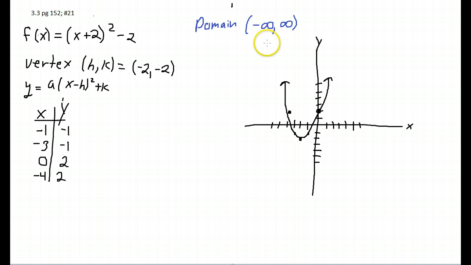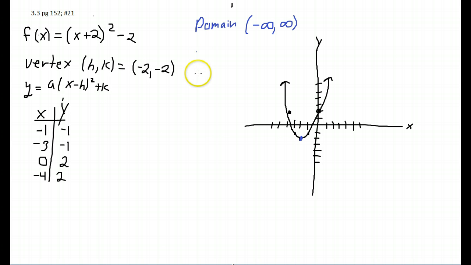Now, for the range, well, you notice both ends point up, so it's going to head toward positive infinity from both sides. But you notice right here at your vertex, it never gets below this point. It never gets below negative 2.